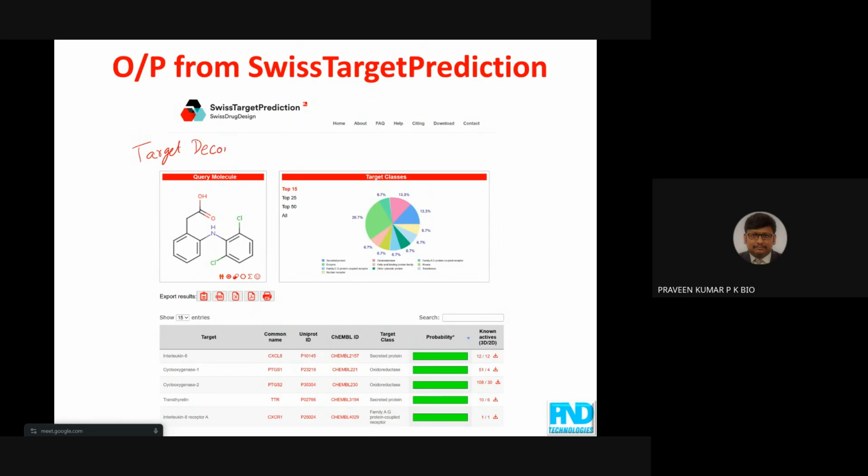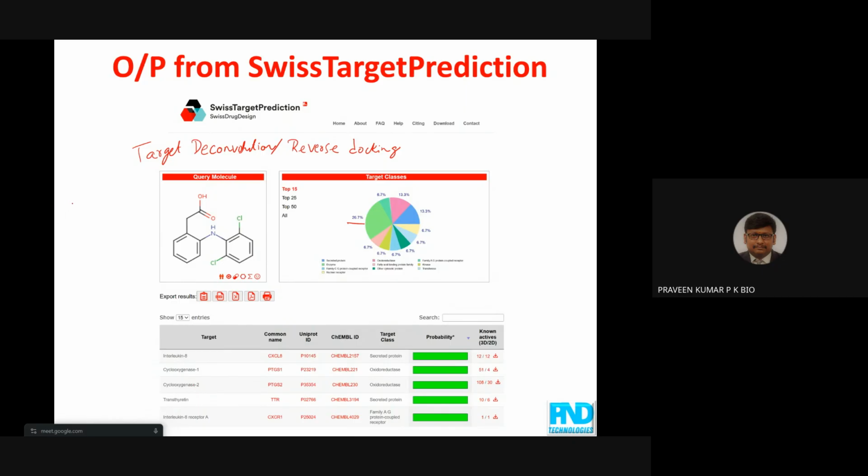If you want to work on target deconvolution or reverse docking, you can also try Swiss Target Prediction, if you want to know the potential beneficial effects of the drug. If you see 26.7 percent, it means this drug is an interleukin 8 inhibitor. It is also a cyclooxygenase 1 and 2 inhibitor.